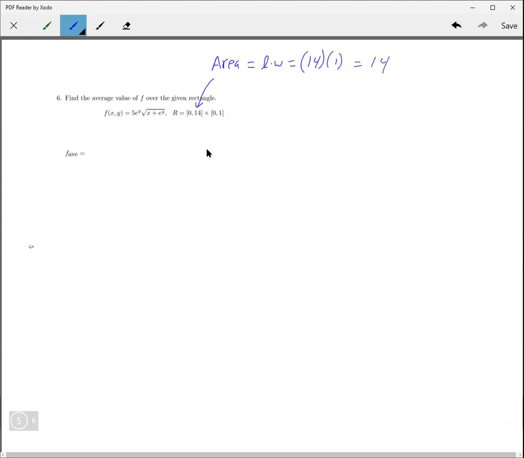So the area is 14. So the average value is going to be 1 over the area of the rectangle, which is going to be 1 over 14 times the integral of the function over the interval.